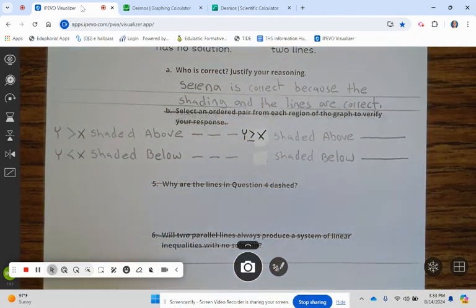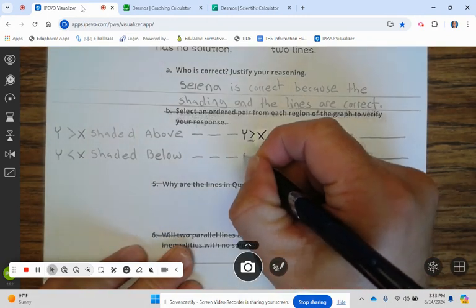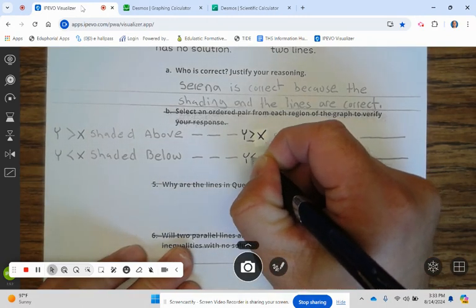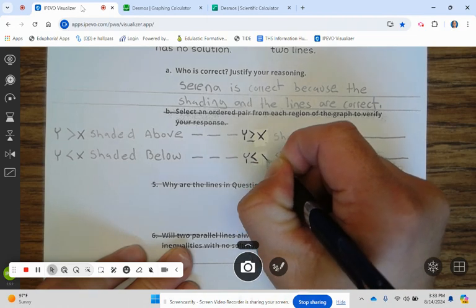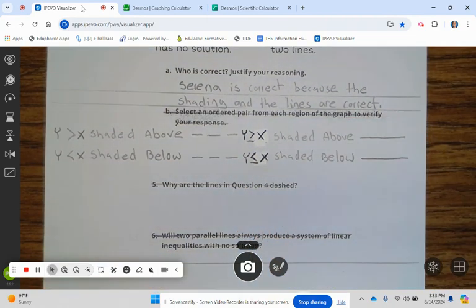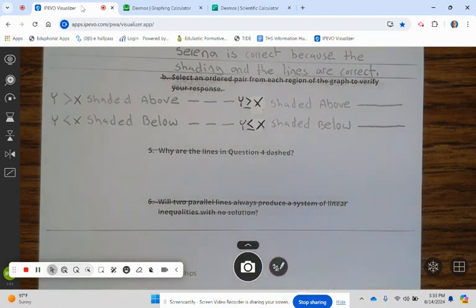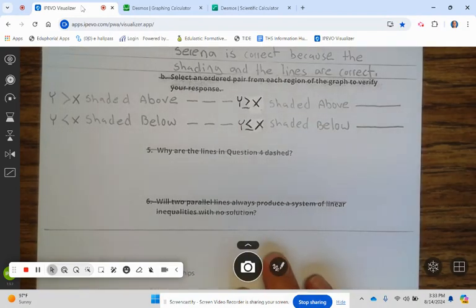When y is greater than or equal to x, it's shaded above and it's a solid line. When y is less than or equal to x, it's shaded below and it's a solid line. All right, go ahead and mark out 5 and 6. All right, let's take a look at the next page.